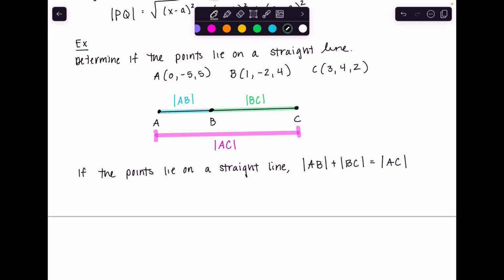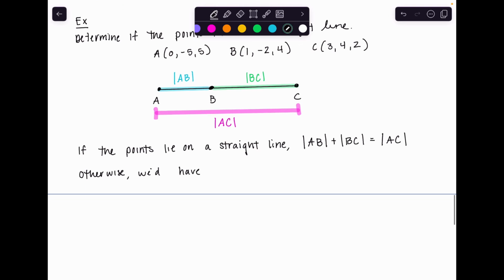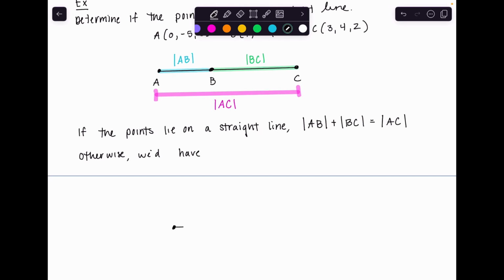But if this wasn't the case, if they don't add together, we'd have the following. It would form some kind of triangle instead.